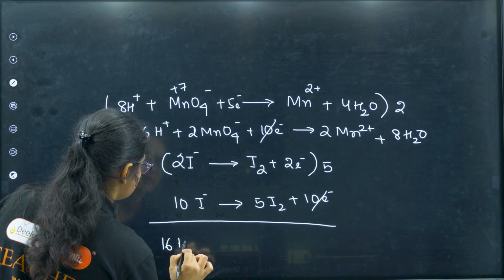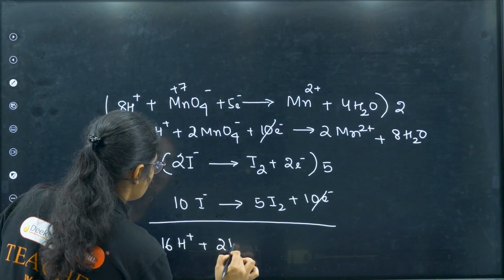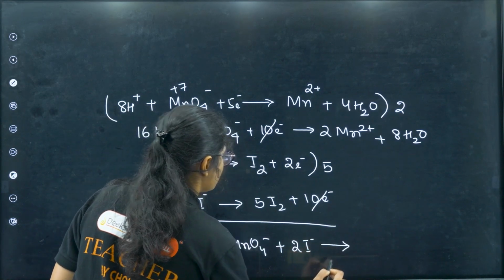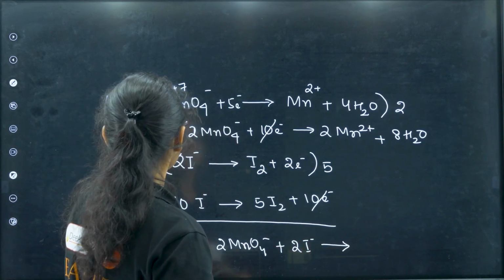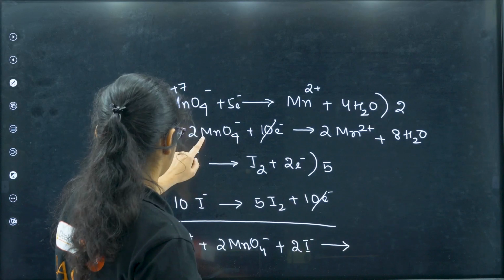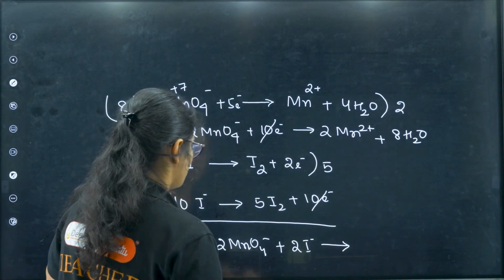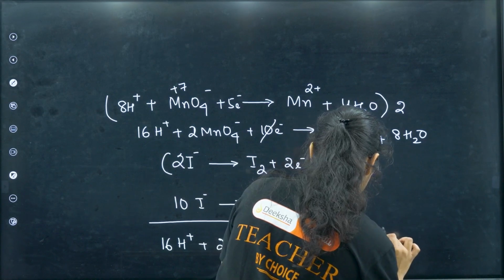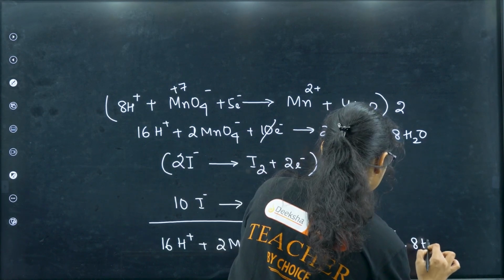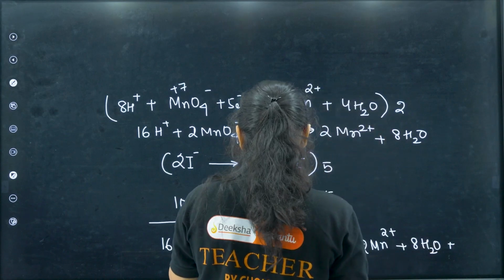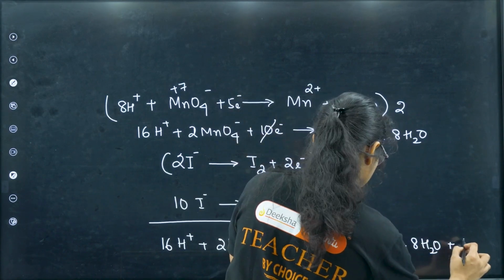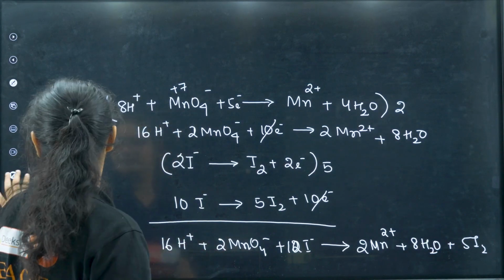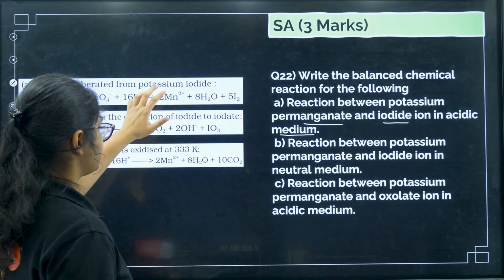I can write 16H plus, 2 MnO4 minus, plus 10 I minus, will give me 2 Mn2 plus, plus 8 water, then I have 5 I2. So this is the balanced equation I got, and that is what I have written here, right? So like this you can write down.